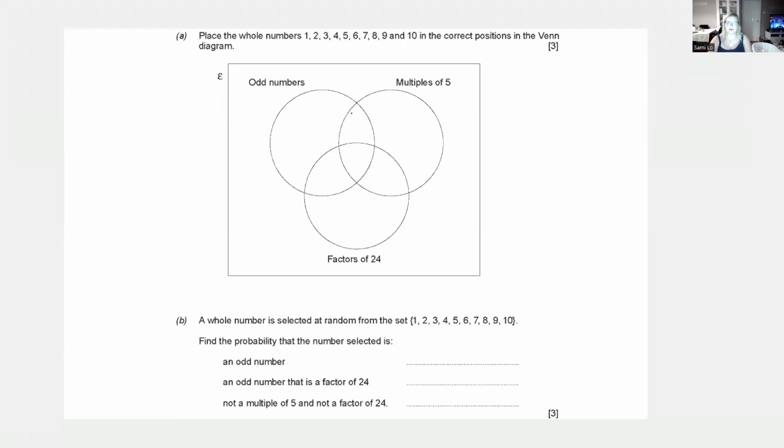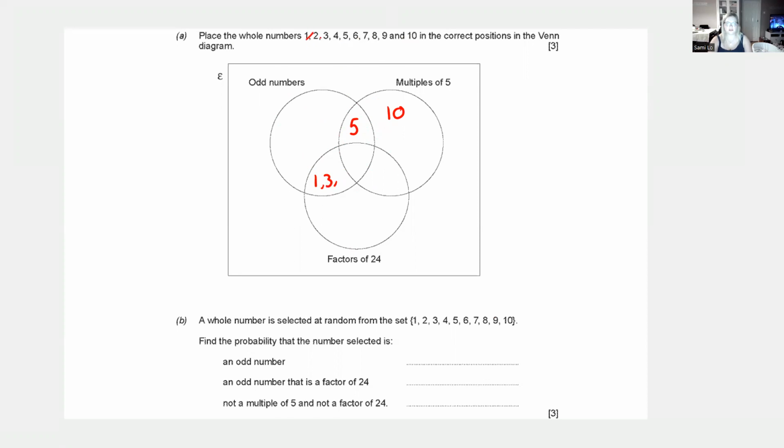So top part, I've got odd numbers, which is 5. And multiples of 10 are by here. Factors of 24, so I've got 1, 3, anything else?